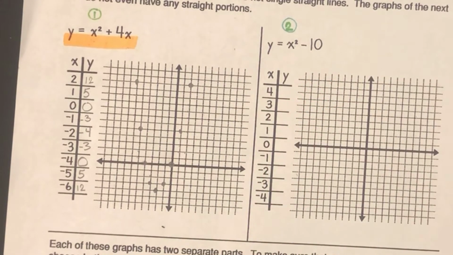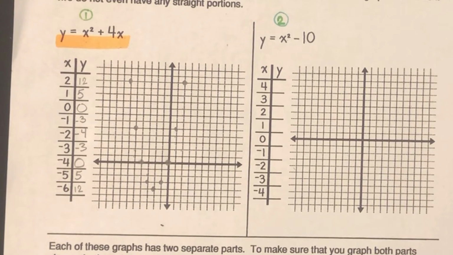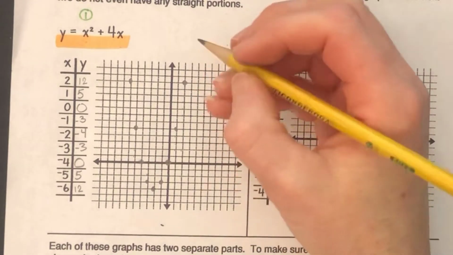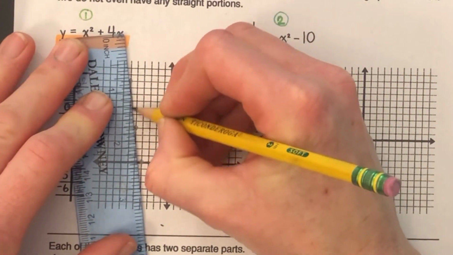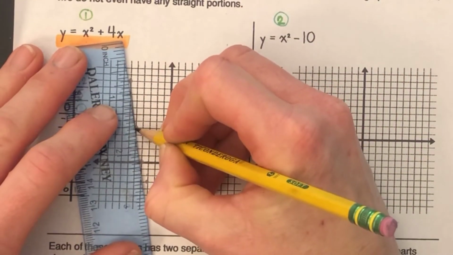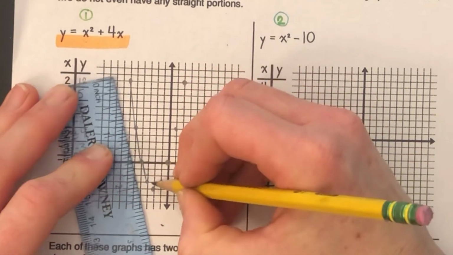Okay. Take a moment and make sure your points match up with mine. And this is one instance where a ruler is not going to help much, because it's not a straight line. You just connect point to point.